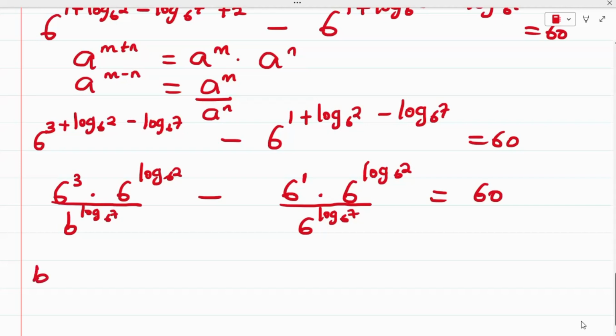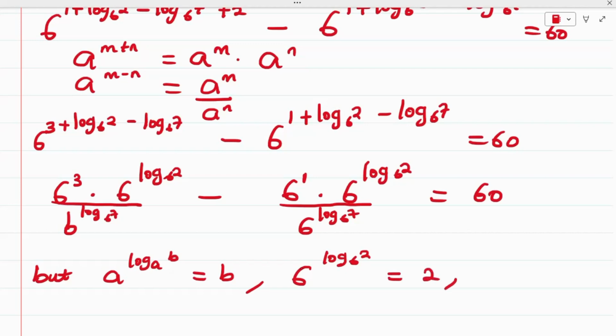But we know that from the inverse property of logarithm, we have that a raised to the power of log base a of b is equal to b. So from here we have that 6 raised to the power of log 2 base 6 is equal to 2, and 6 raised to the power of log 7 base 6 is equal to 7.